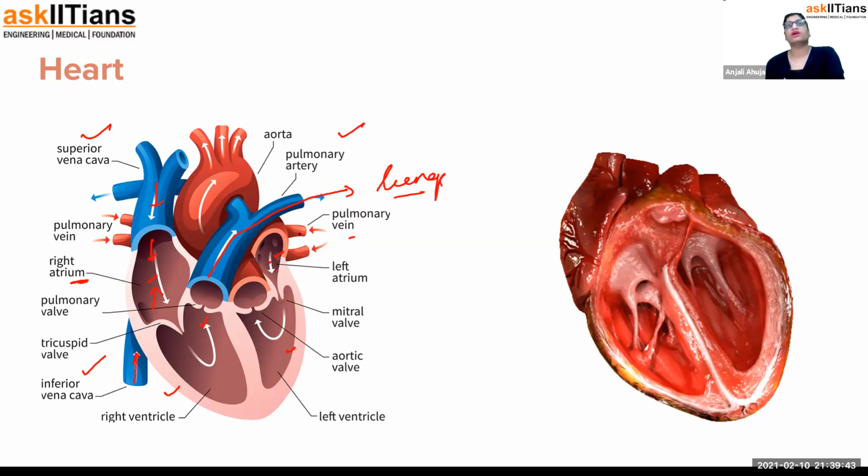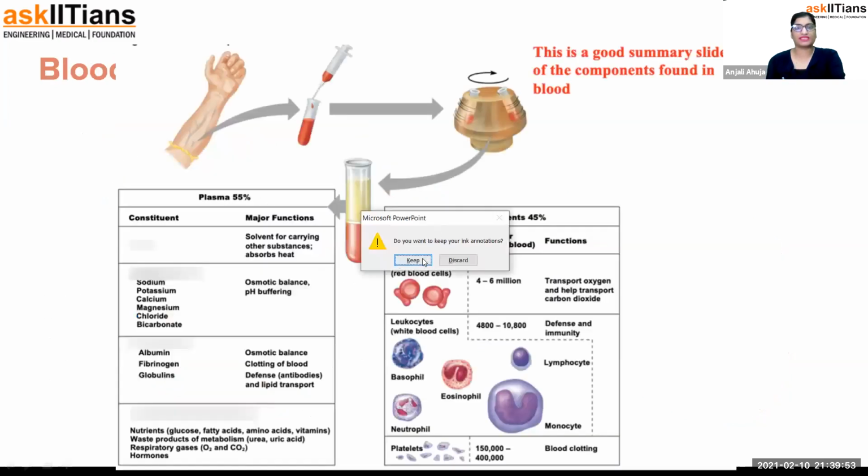Now I'll tell you how this heart functions. How beautiful is this diagram? It is actually a GIF file. I'm going to show you this. Why is it not working? It's okay. I'll press escape. I will stop the screen share because I have to show you that diagram.